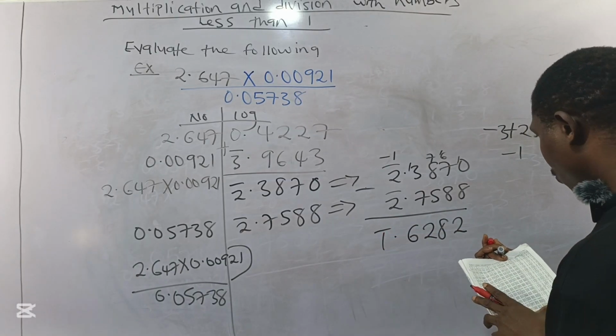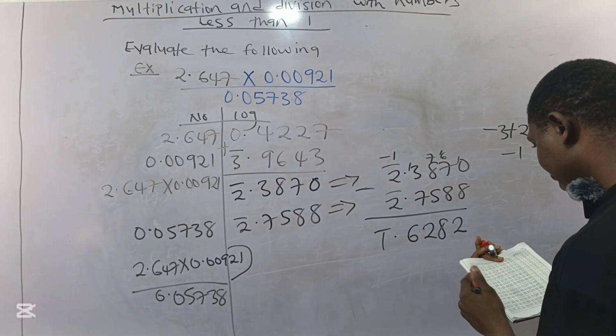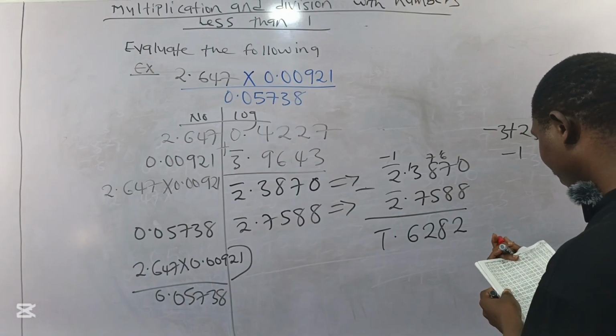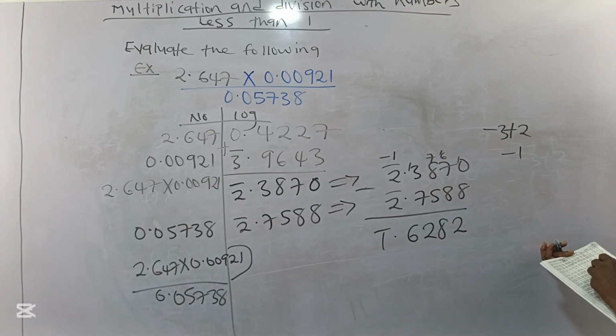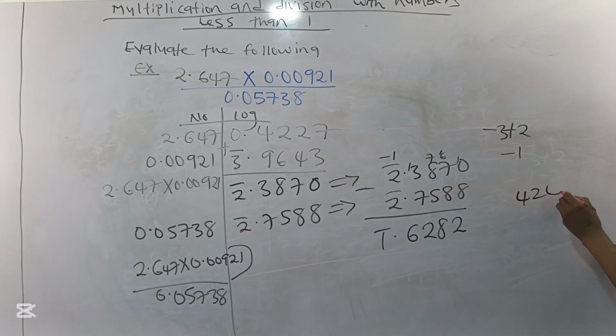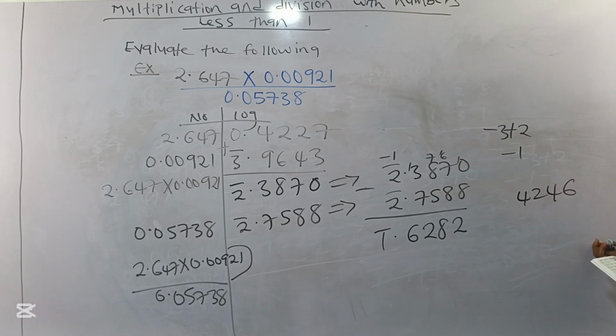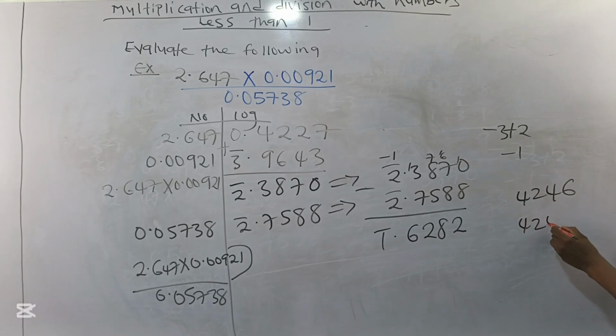So I'll check 62 under 8, difference 2 in the anti-logarithm table. 62 under 8 is 4246. And difference 2 here is 2. So it becomes 4248.